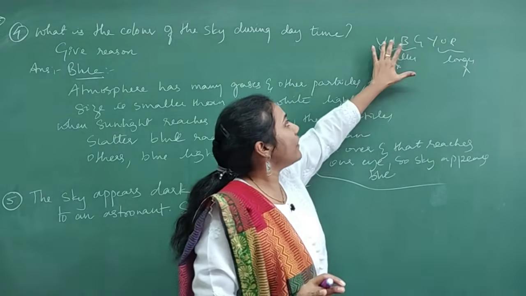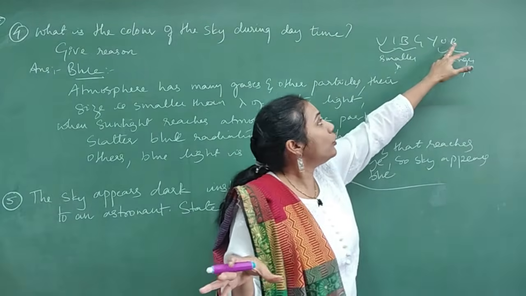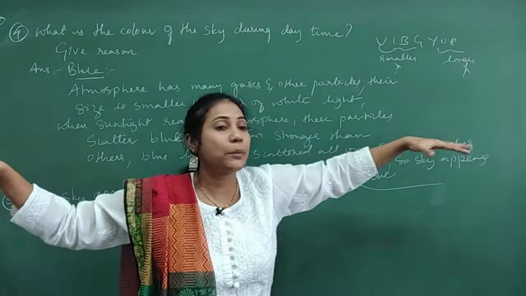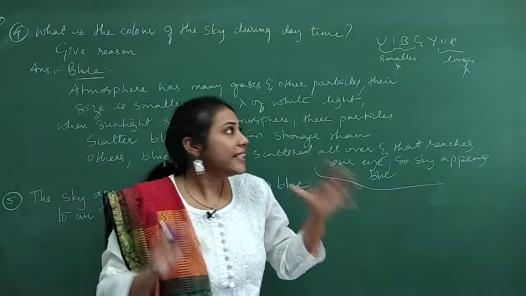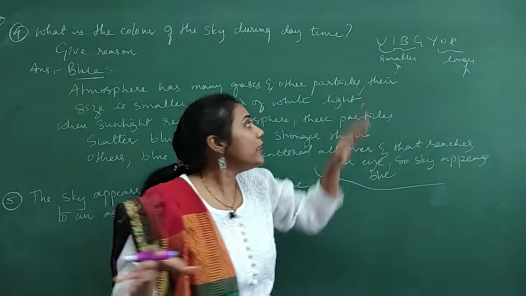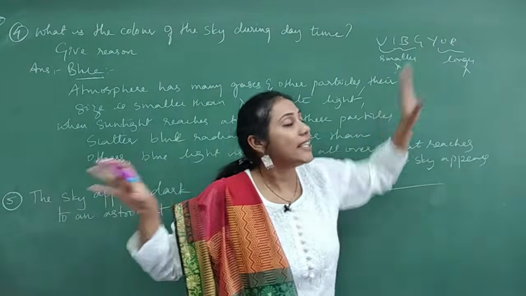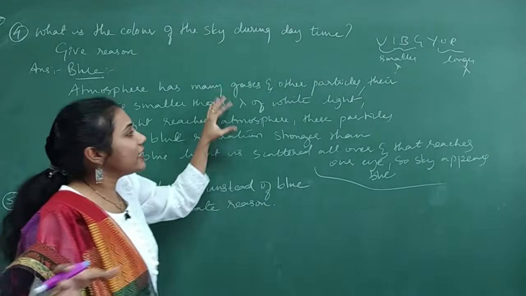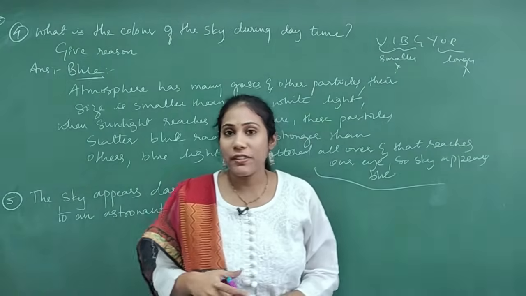So violet, indigo, blue colors will spread more in the sky compared to red, orange and yellow, because red has a longer wavelength and will not get scattered as much. So the particles scatter these radiations strongly compared to the other radiation. That's why the sky appears blue, because all these particles are scattering blue radiation more compared to the other radiation. Clear?